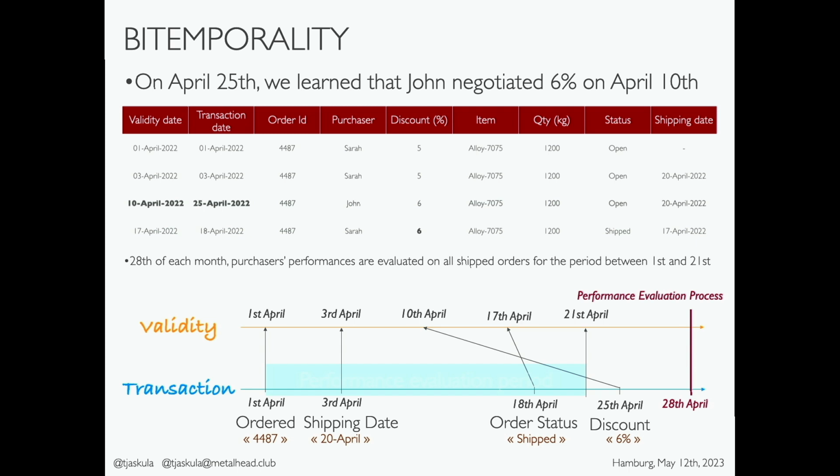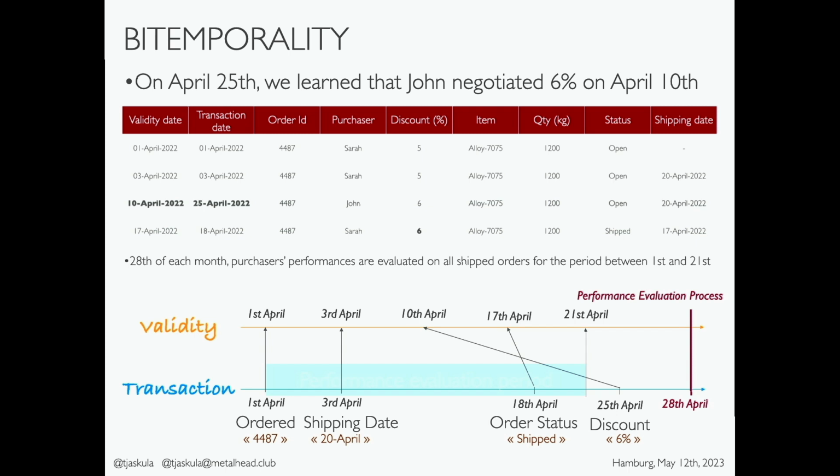Because based on that, our software, when we are updating data, should be able to automatically version information, and we should be able to request different information based on those two time axes.